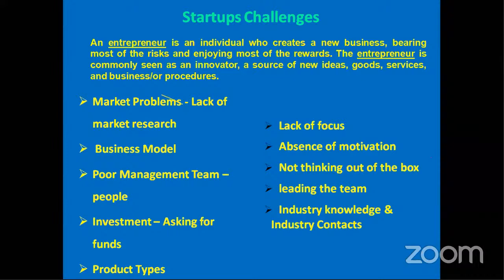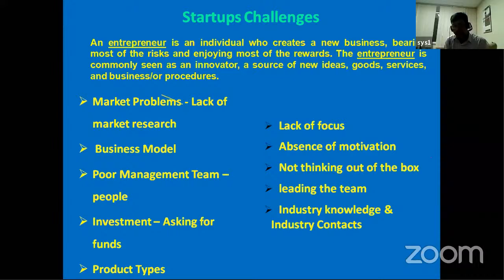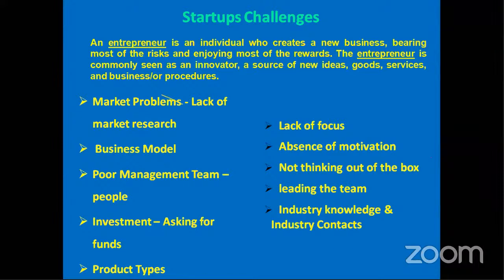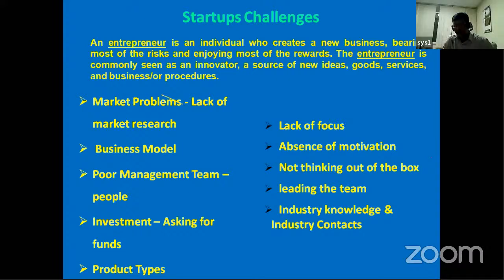This is what the management team should be. A leader is required to continuously motivate the startup team towards achieving success. There should not be any failure because of communication between the teams or people inside the team, which is very, very important, because we have only one goal to achieve, success.